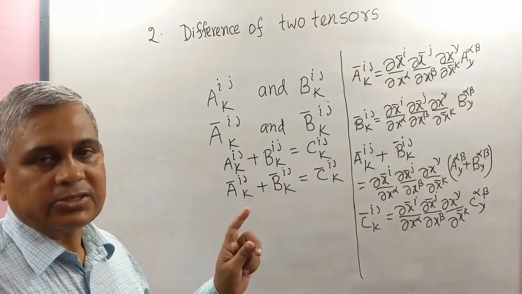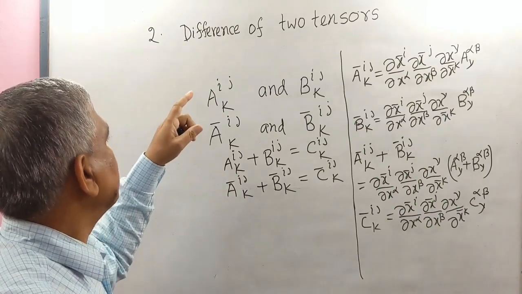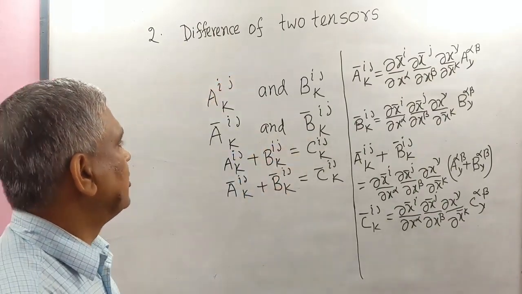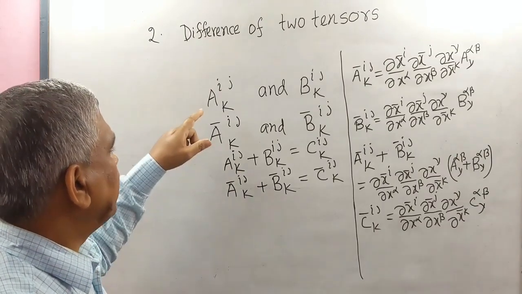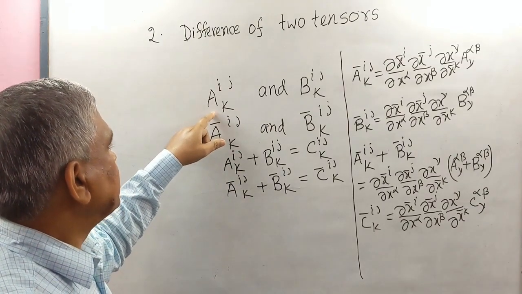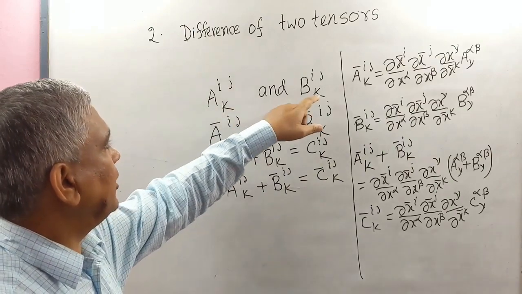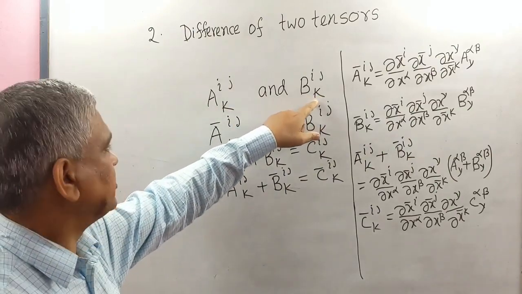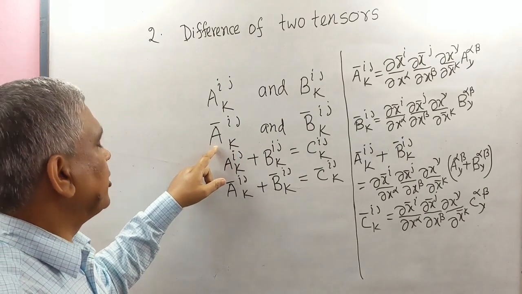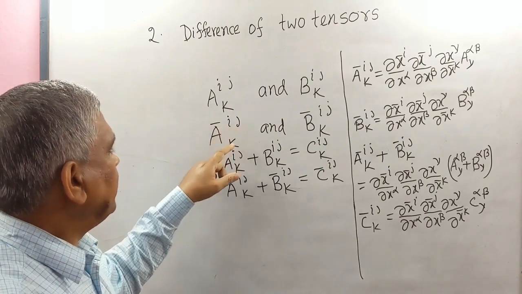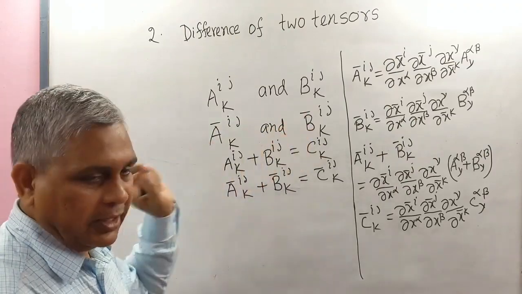Now we discuss the difference of two tensors. Similar to the sum of two tensors, we have taken two tensors A ijk and B ijk in the x system of coordinates. Their corresponding values in the x bar system of coordinates are A bar ijk and B bar ijk.